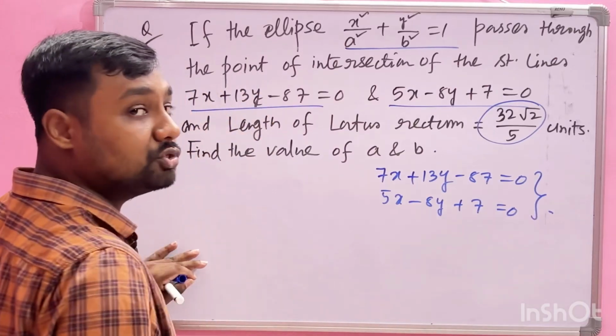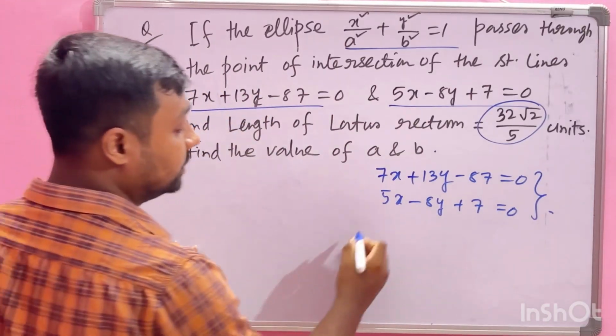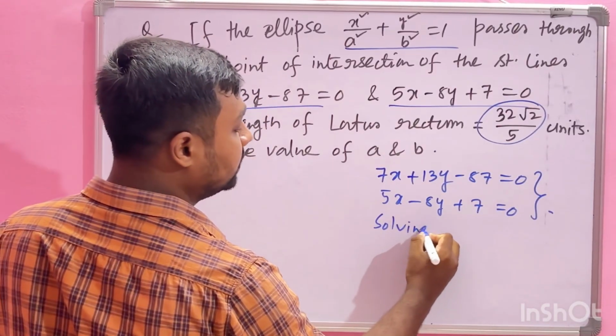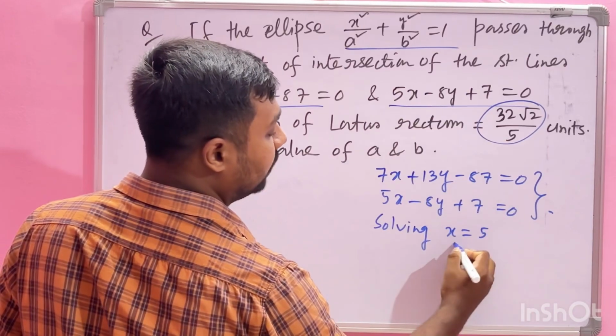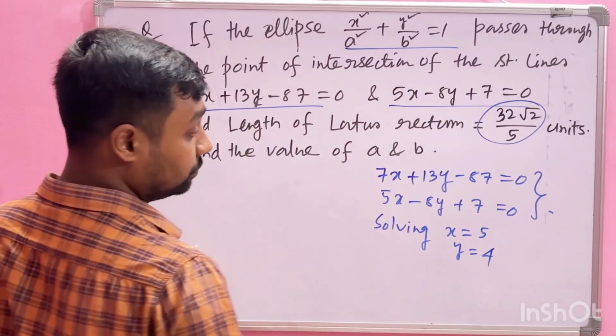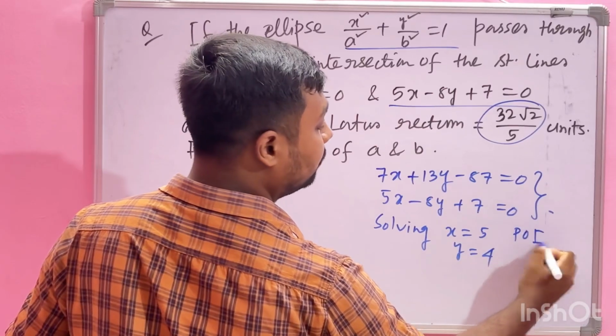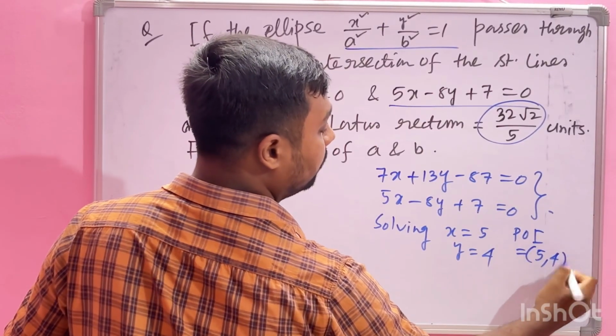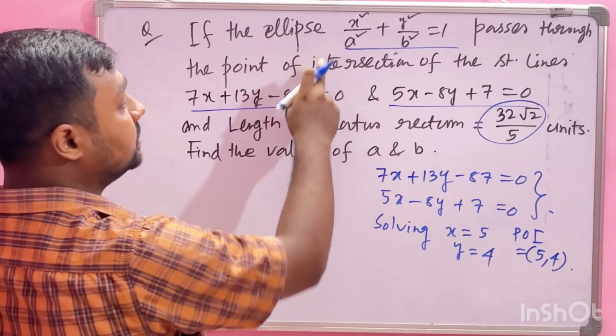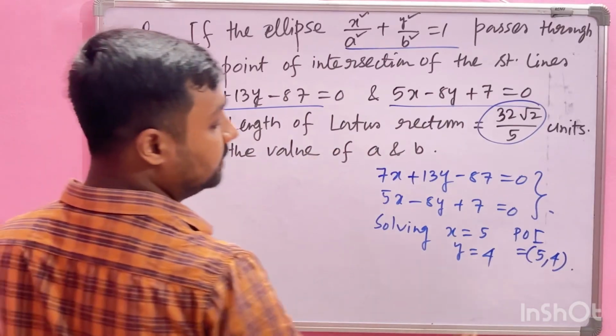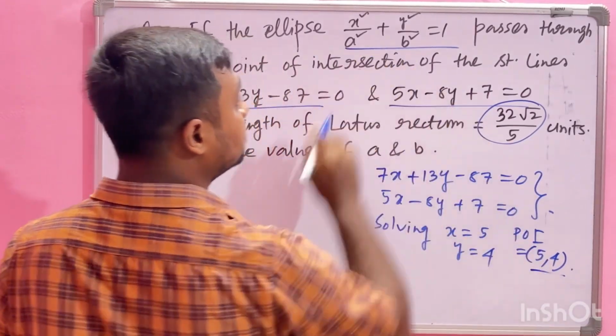Solving these two equations, we get x equal to 5, y equal to 4. So our point of intersection is (5, 4). Since the ellipse passes through the point of intersection, the point satisfies the ellipse equation.